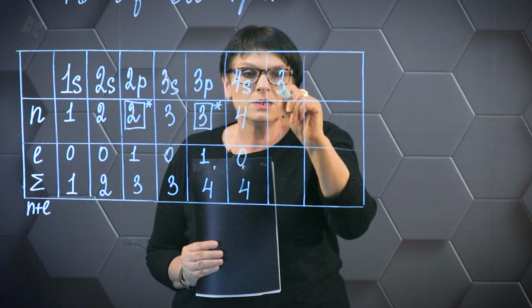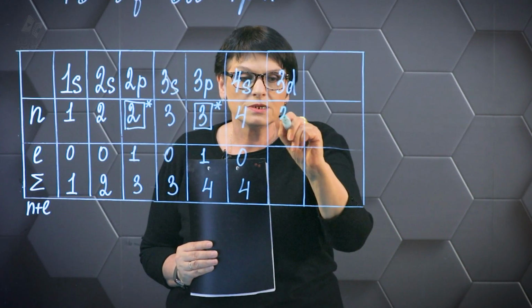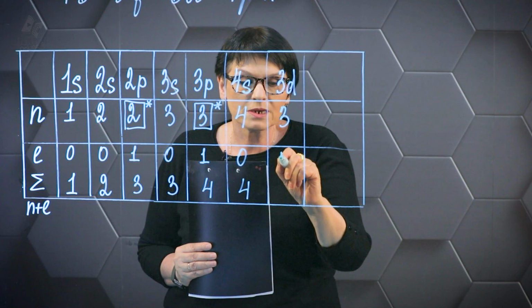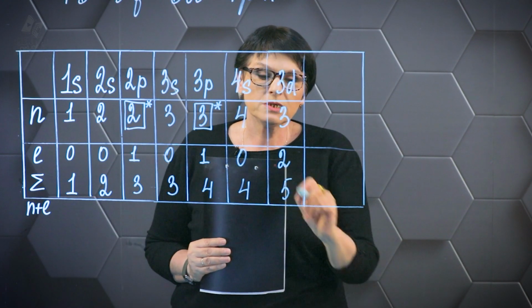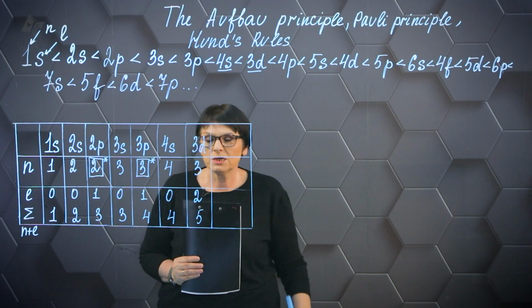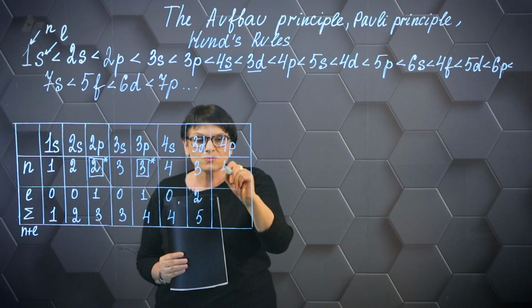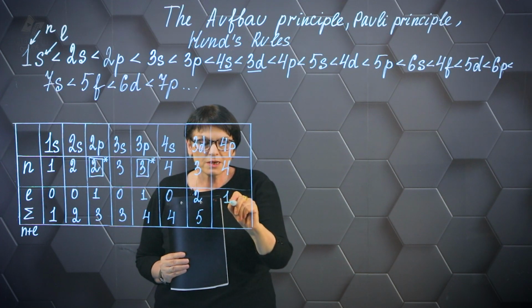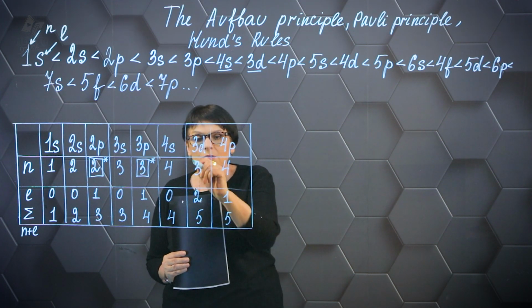Next comes 3d. So in this case we get 3. For d electrons, the orbital number is 2. The sum is 5, so that's why 3d comes after 4s. And next comes 4p. Here we get 4, orbital 1. The sum is 5. And then why does 3d come before 4p?